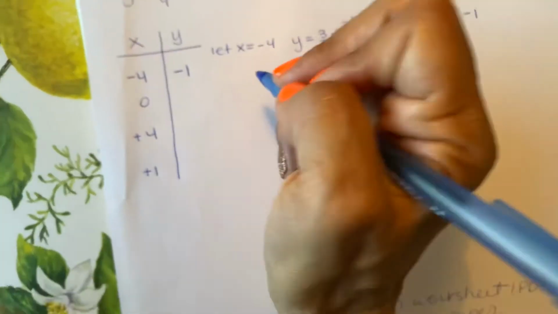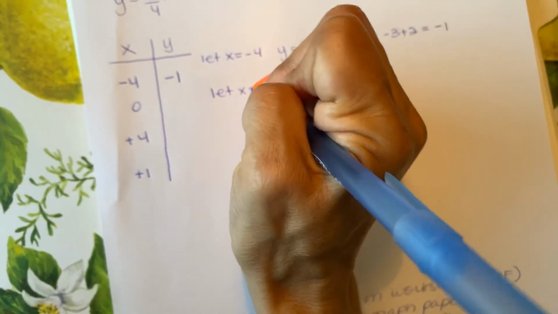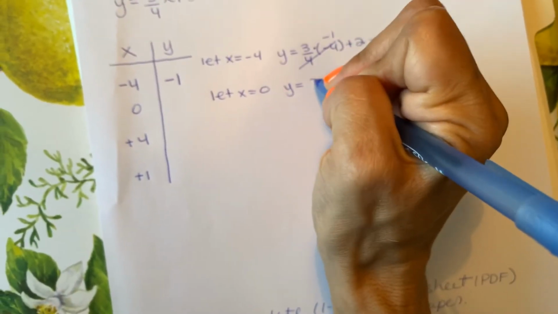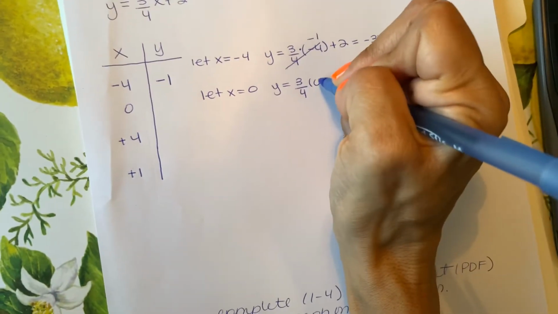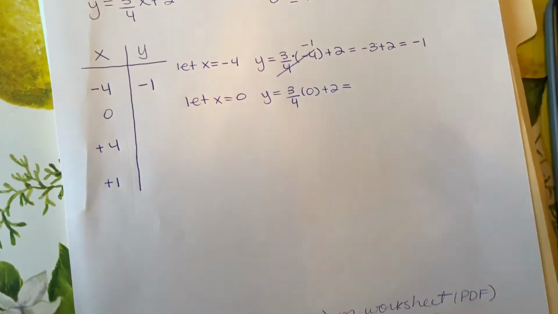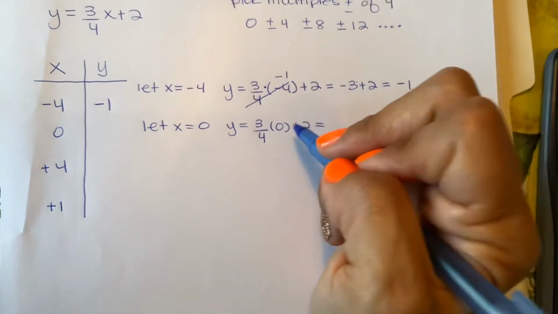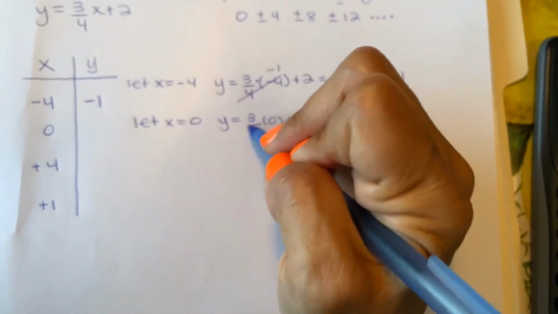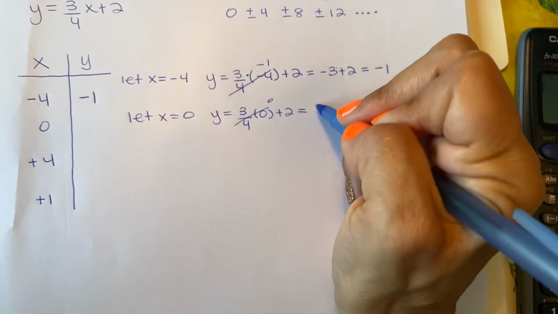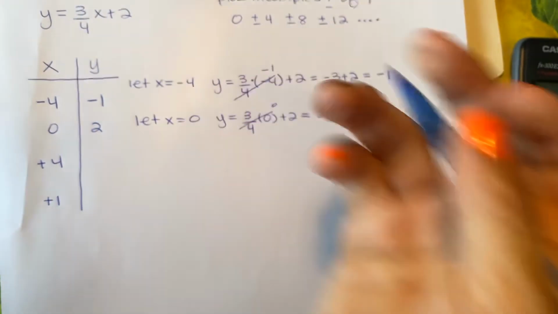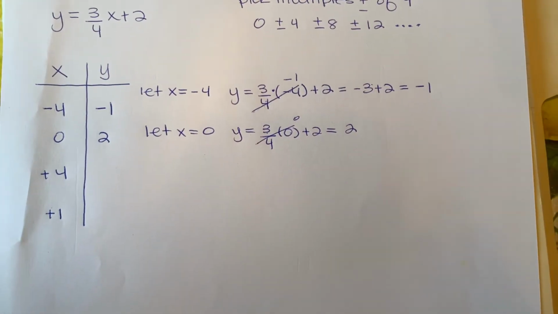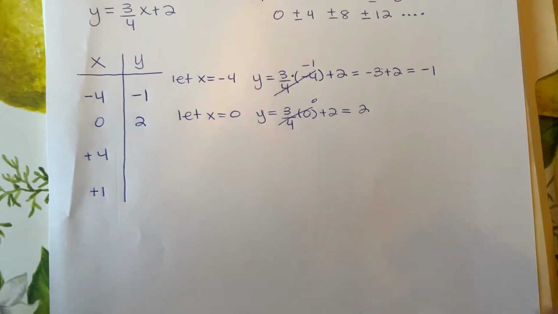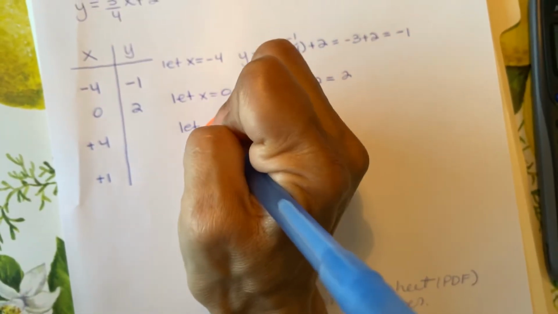Okay, so now let x equal 0. Okay, well this one, 0 is always the favorite. I always love 0 because it's an easy point you can come up with. Okay, any number times 0 is 0, so this whole thing is 0, and so you're just left with 2, correct? That's the beauty of 0. All right, so now let x equal +4.